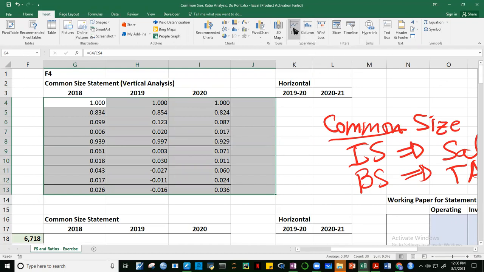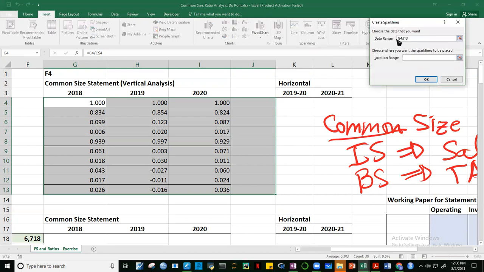So you have here line, column, or win or lose. Win loss, no? Pag yung win loss, makikita natin yung let's say yung returns kung tumataas o bumababa, okay? Each one has its own advantage. So gamitin natin yung line. Okay, choose the data range that you want.